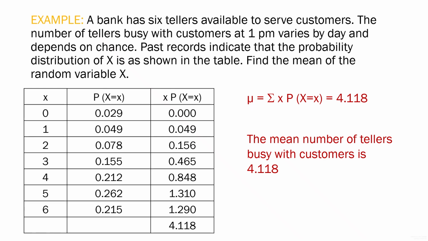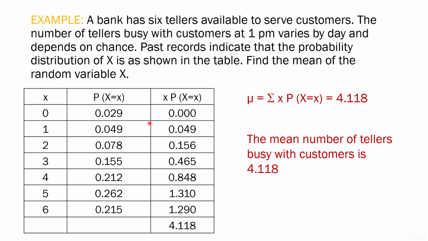What we need to do is multiply each of our x's, so our distributions, by their P(X equals x), and then sum it all up. So 0 multiplied by 0.029 is equal to 0. 1 times 0.049 is equal to 0.049. 2 times 0.078 is equal to 0.156, and so on.